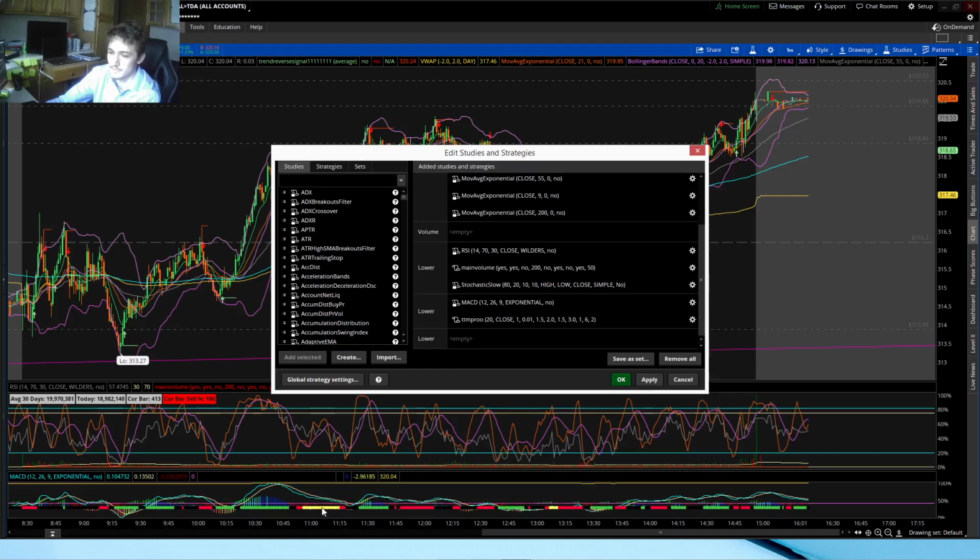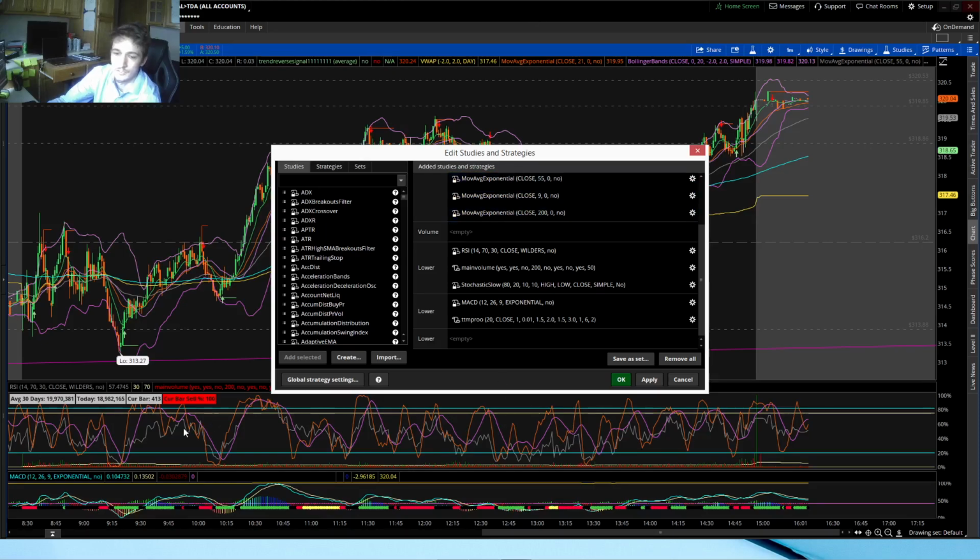I really like this indicator. It's got the yellow dots, and that's super helpful. It took me a while to find it on Thinkorswim, or ThinkScript, whatever it's called. It's not easy to find though. So yeah, I got that.